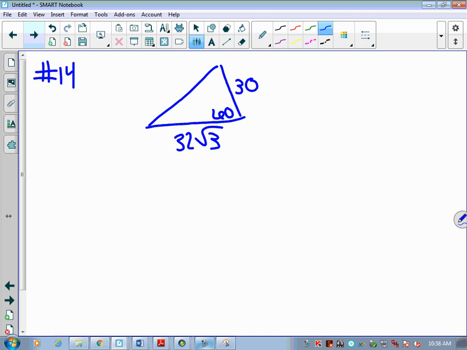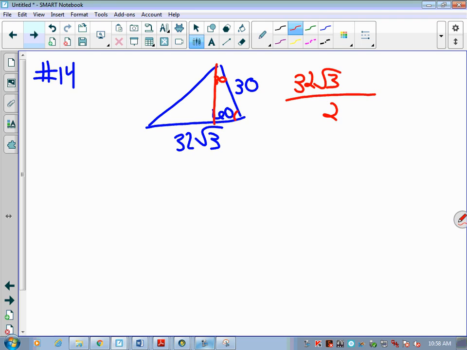Okay, all right, so we can choose our 32 radical 3 for our base, but we're going to need the height. So 32 radical 3 divided by 2. If this is 60, then this is 30.